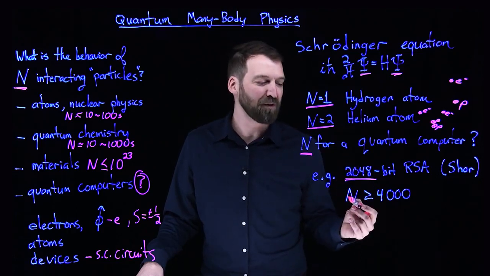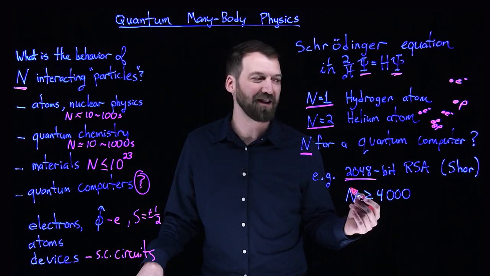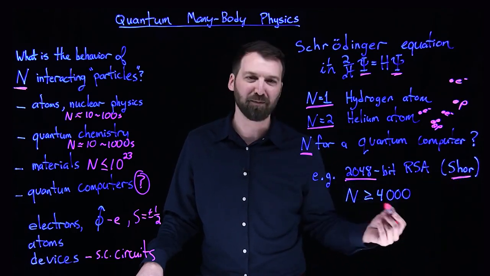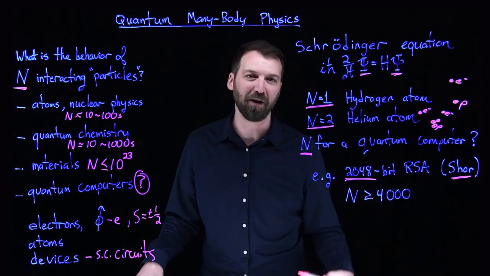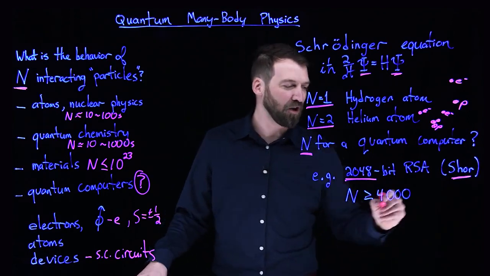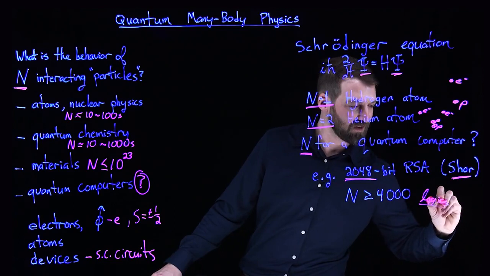The smallest number of qubits required to break 2048-bit RSA encryption using Shor's algorithm is believed to be somewhere around 4,000. So it's roughly double the number of bits in the RSA key. These are logical qubits.